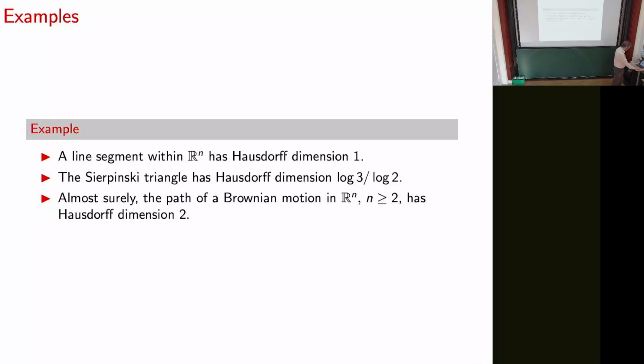Now, a line segment in R^n. One advantage of this is that it's agnostic as to what the ambient space is. A line segment viewed as a subset of a line, or a subset of the plane, or a subset of three-space, doesn't matter.